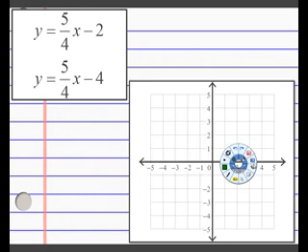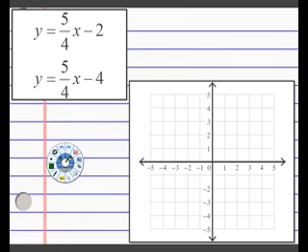So once I get both of my equations into a form that I can graph, I can already look and see, all right, both my lines have the same slope. You can see that right here.